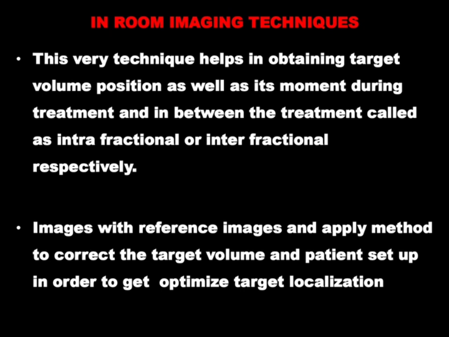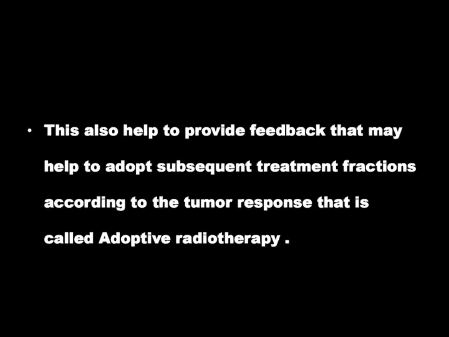Imaging has two types, basically: highly sophisticated imaging techniques and in-room imaging methods. So imaging has been divided into highly sophisticated imaging and in-room imaging methods in order to further enhance radiotherapy accuracy as much as we go to conformal radiotherapy in depth.